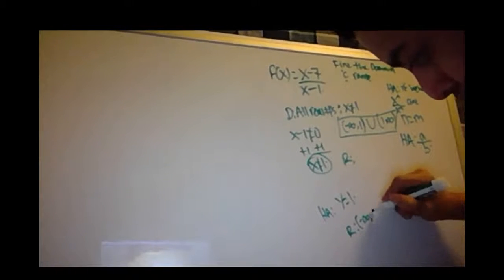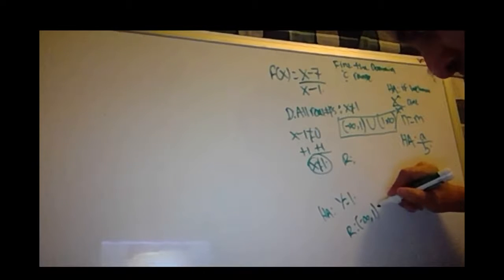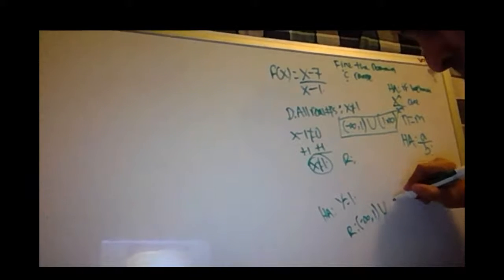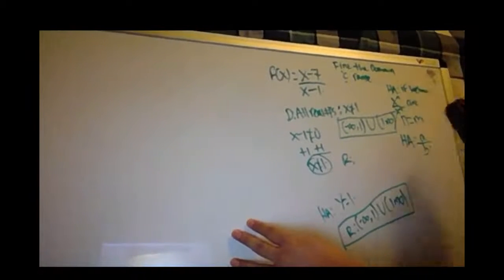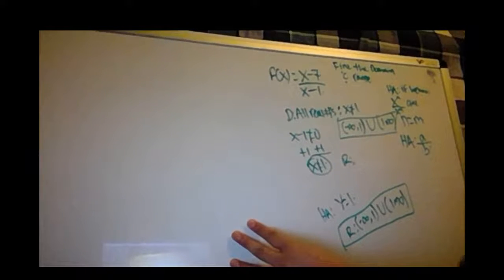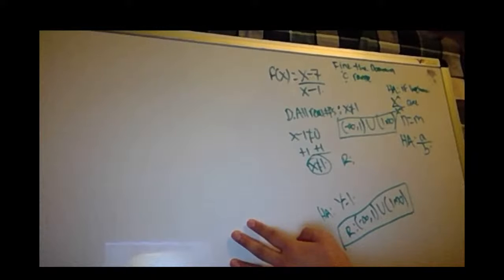So the range will be from negative infinity to 1, parenthesis, because we're not including 1, union 1 to infinity, just like the domain. So that is how we find the domain and range of a rational function.